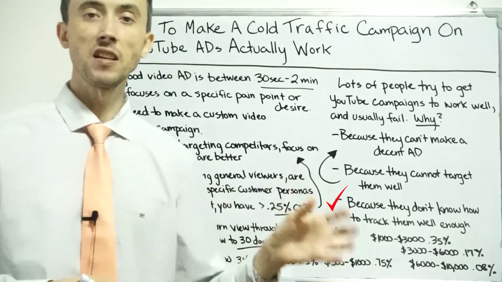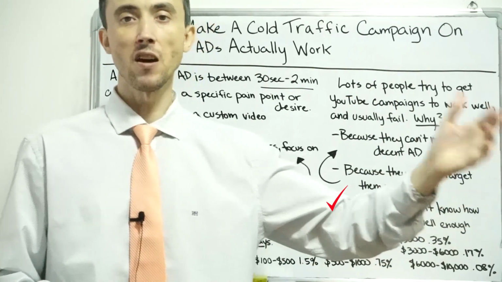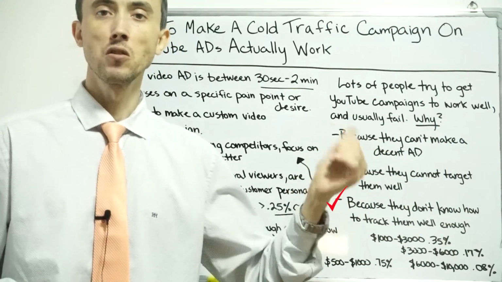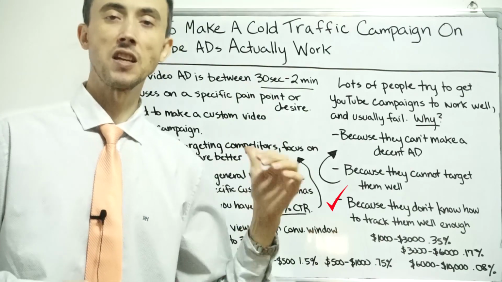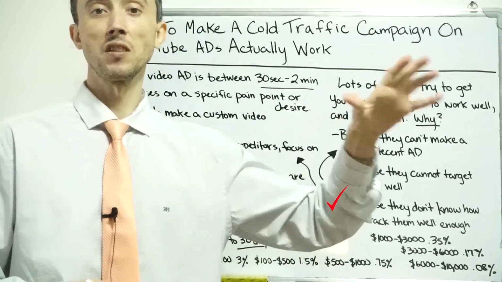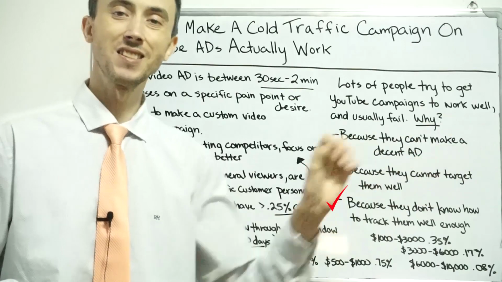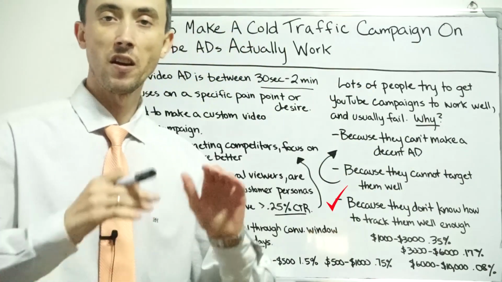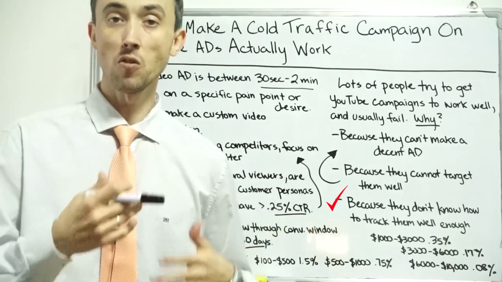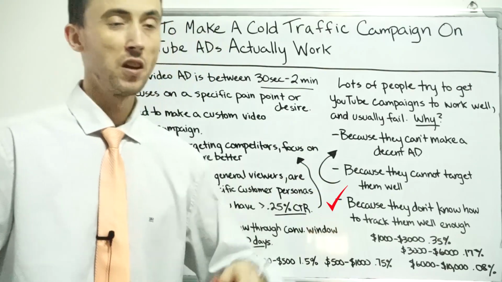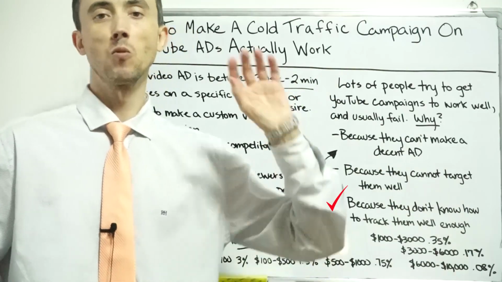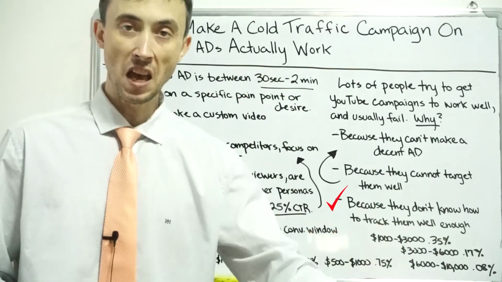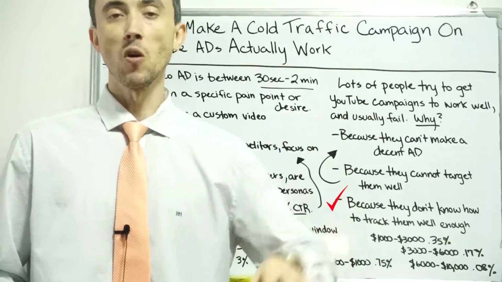If you're generating leads, they're not tracking if those leads turn into sales or are qualified leads, and they don't plug that data into their account so they can see when their YouTube ad produces a sale or a qualified lead. They can see it so that they can start drilling down on the things that did not work: certain age demographics that didn't produce an ROI, certain devices, certain times of the day, certain days of the week, and so forth.